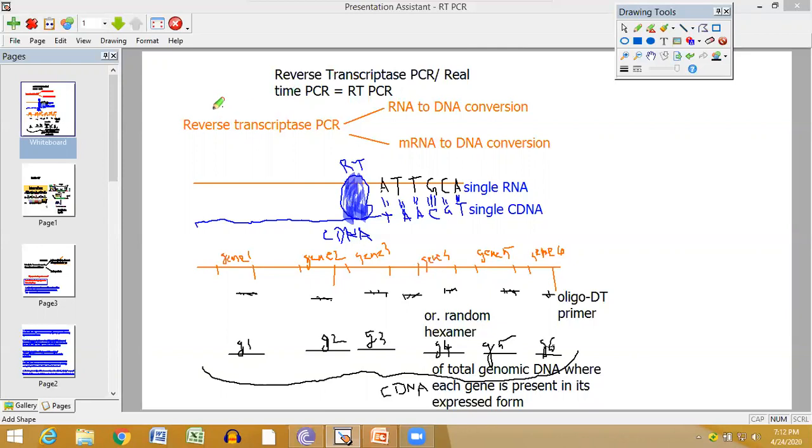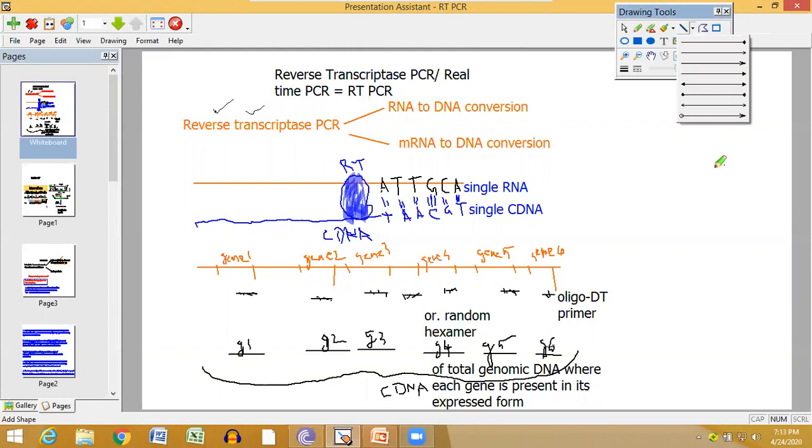First, we will go to reverse transcriptase PCR. What is reverse transcriptase PCR? From the name you can understand it.